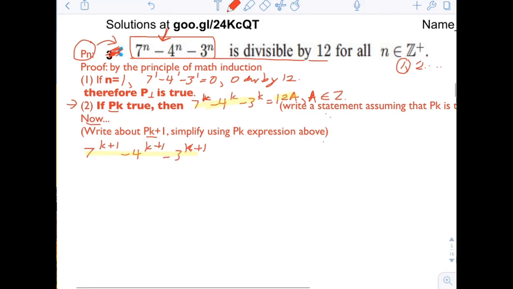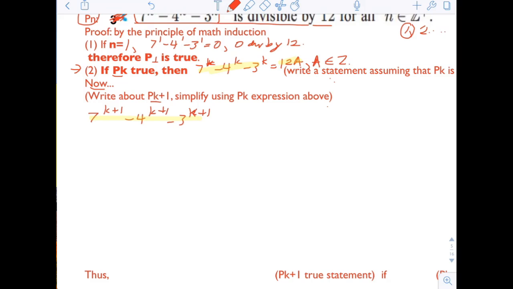So let's try to do that. 7 to the k plus 1 is equal to 7 times 7 to the k. Do you see how we're trying to make it look like that? 4 to the k plus 1 is equal to 4 times 4 to the k. 3 to the k plus 1 is equal to 3 times 3 to the k.